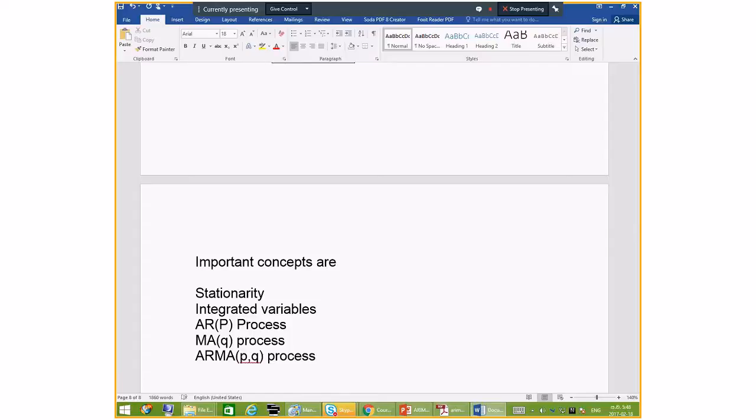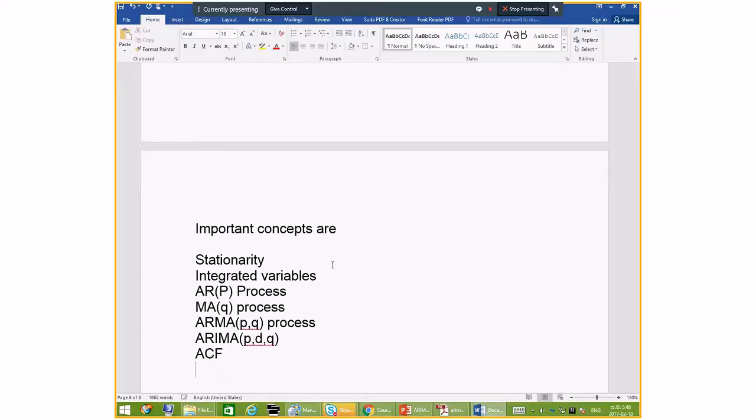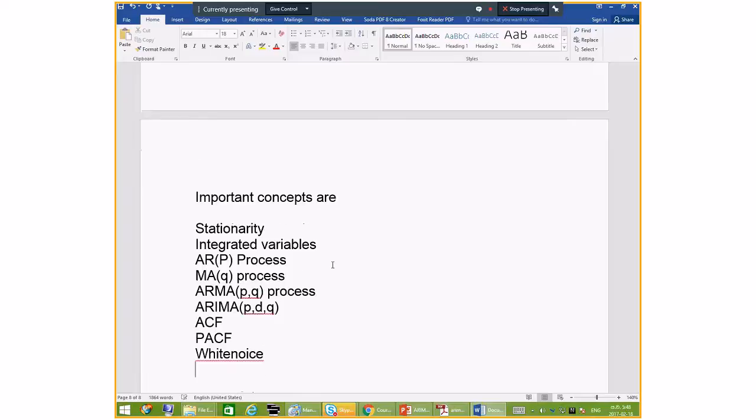If ARIMA, it means P, the number of autoregressions, D, the number of differences, and Q, the number of moving averages. Then autocorrelation function, partial autocorrelation function, white noise, and model efficiency.